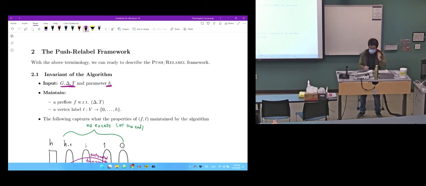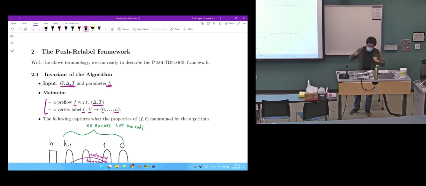So the algorithm, given this as an input, will maintain two things. First, it will maintain a preflow with respect to source and sink function. And the next thing is that it will maintain a vertex level that maps each node into a level from 0 to h. So you think of this level as a height of a node.